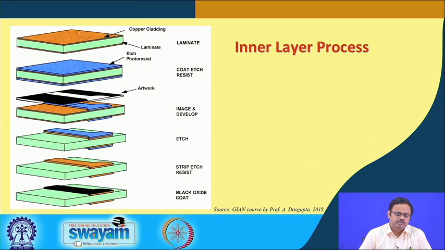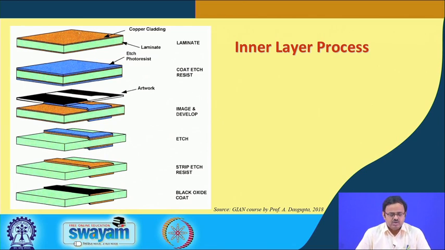Then we will have what is called the mask. So, the mask, what is it? It is going to have cutouts for those areas where we want to have the wiring trace, and the rest of it will be covered. The mask, when put on this photoresist, is going to expose only those parts which are eventually going to become wiring traces.